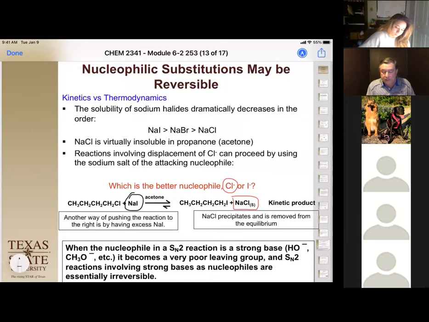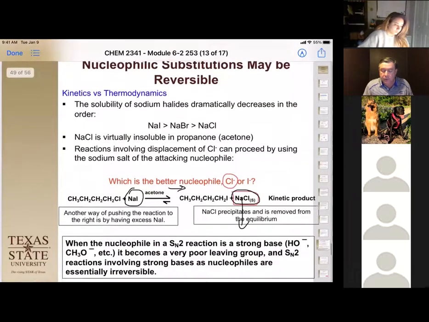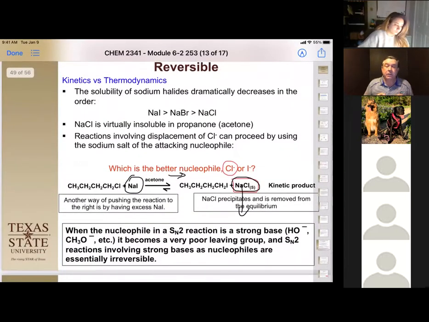If the reaction does progress to here, what happens is our chlorine precipitates out. So while only a little bit of the reaction is actually going in that direction, remember this is reversible, only a little bit is going in that reverse reaction, but instead of having lithium chloride, which is soluble in acetone, we have sodium chloride, which is not soluble in acetone.